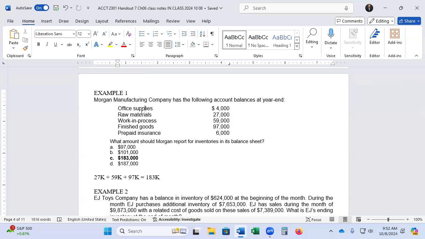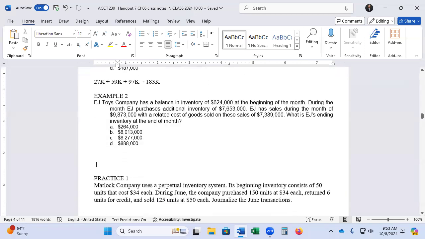Those things get put into manufacturing overhead, okay? Keep in mind that they're not included in our inventory. Inventory is something that is going to be sold or produce something that we can sell. Okay, let's take a look at number 2.